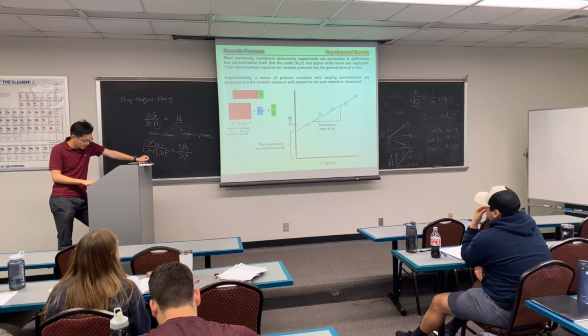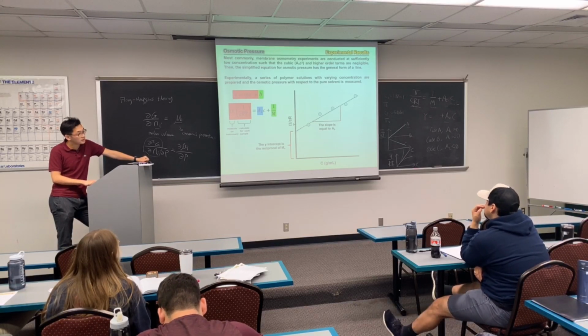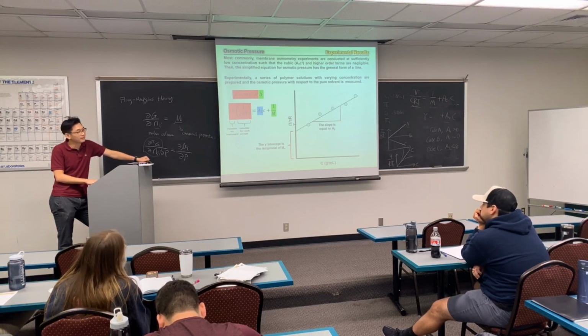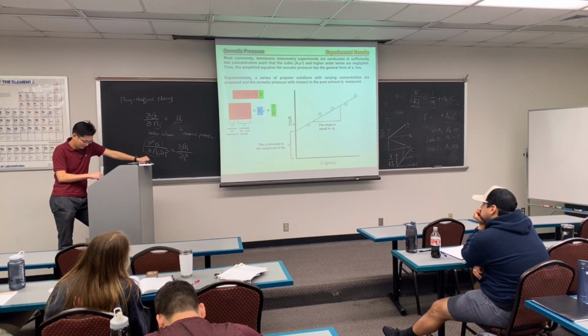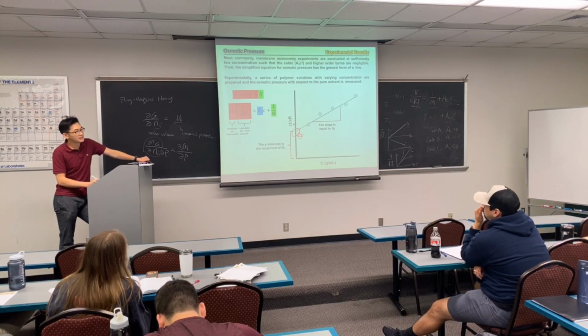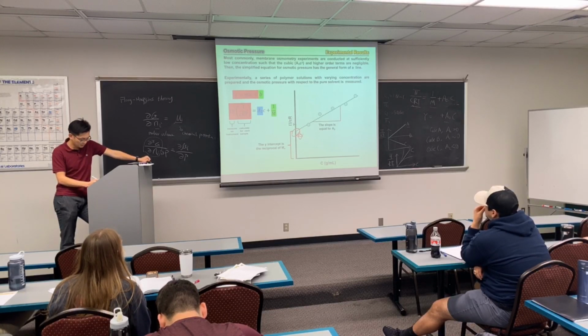If we plot osmotic pressure divided by CRT, the intercept with the y-axis tells you it's reciprocal to the molecular weight. The location where it intercepts with the y-axis will tell you the molecular weight of your polymer. Okay?